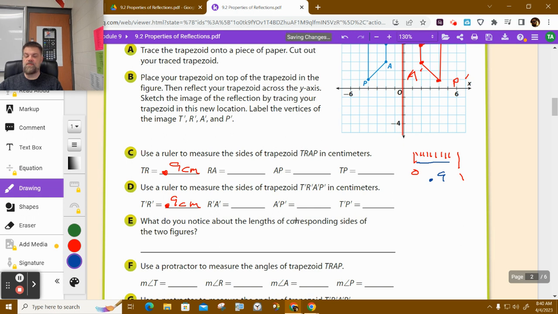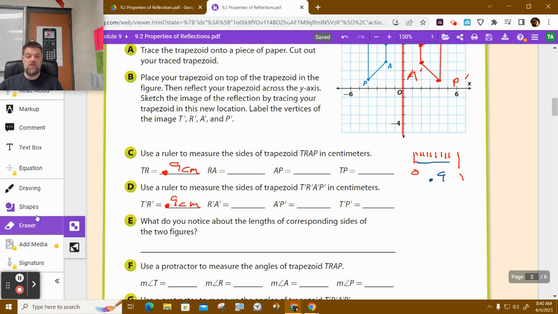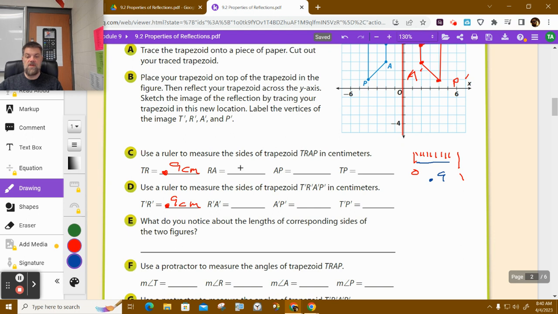Okay. Then also from R to A, that was actually 0.8 centimeters. Oops, we don't want to do that in blue. We want to do that in red. So this is 0.8 centimeters. What's R prime, A prime? It's going to be the same, 0.8 centimeters.